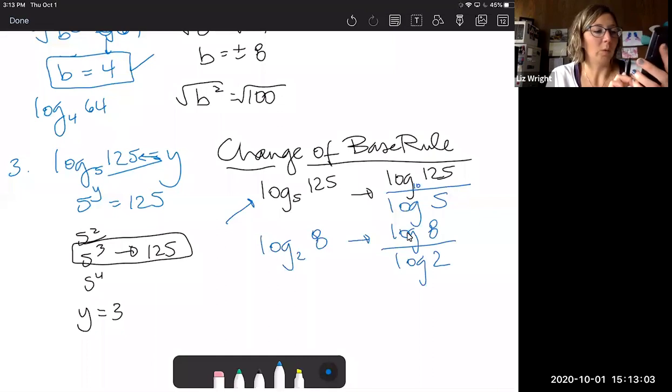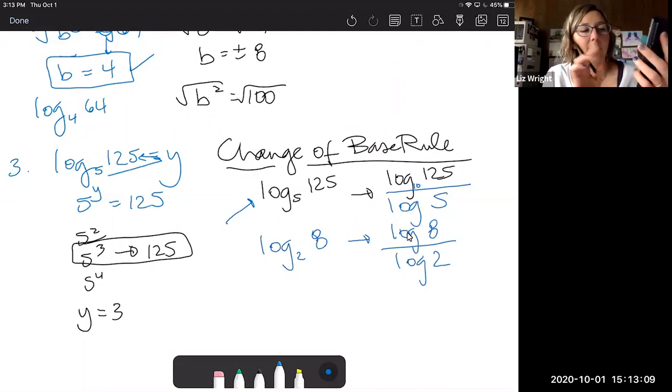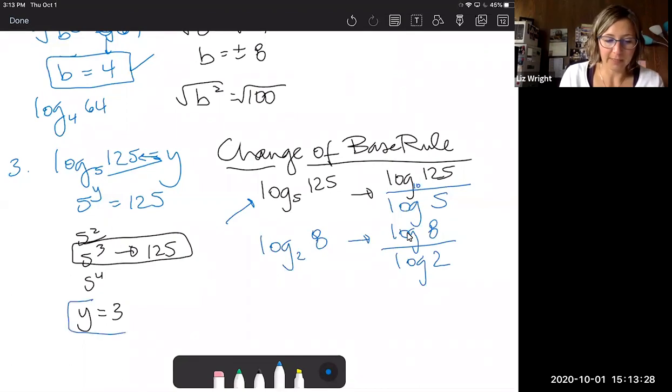First, I would do 125, and then hit the log button. It gives me 2.0969, and it keeps going. Then I do divided by, hit the 5, and hit the log button. My calculator is actually giving me the log of 5, which is not my answer. So I have to hit equals, and then I get the number 3, which is the answer.